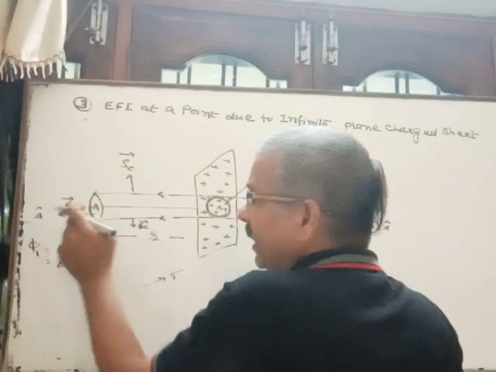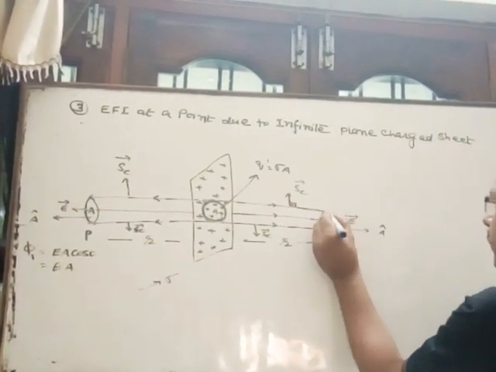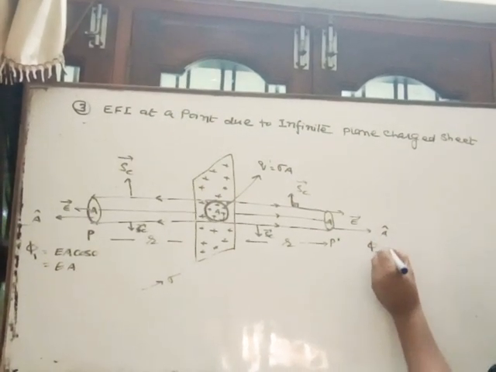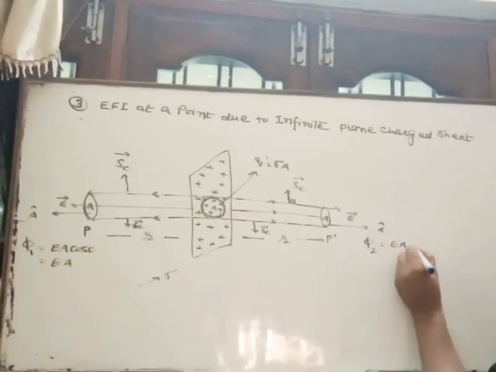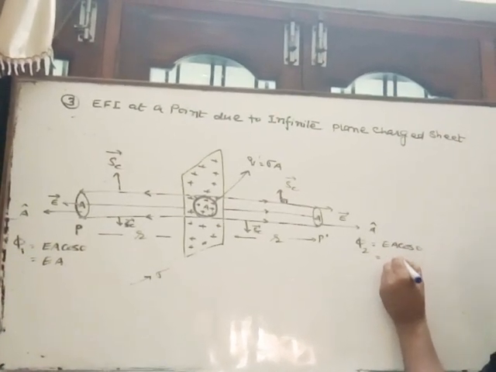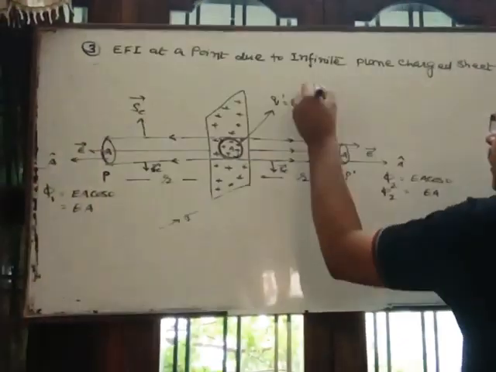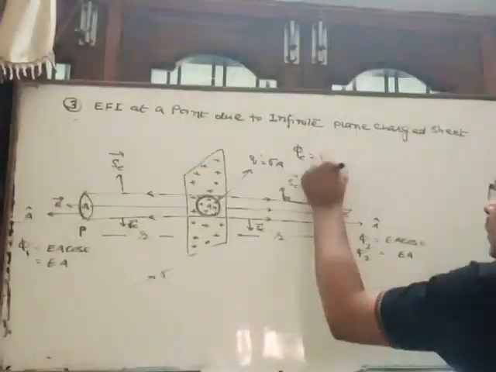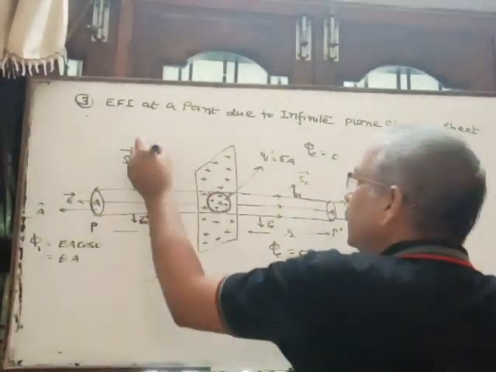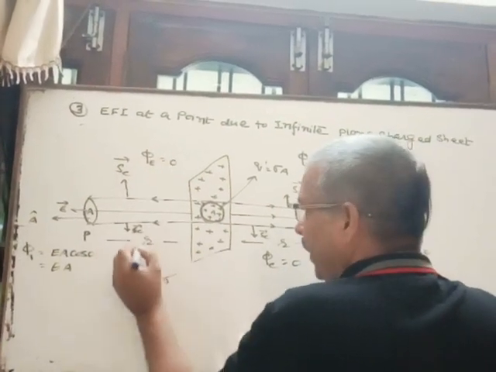Because E and A both are parallel at both ends. So the flux linked at the second end, phi 2, is also E A cos 0, equal to E A. And the flux linked with the curved surface is equal to 0, because the curved surface area and the electric field are perpendicular.